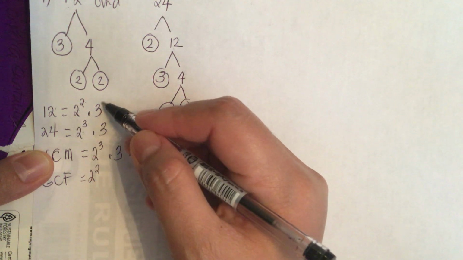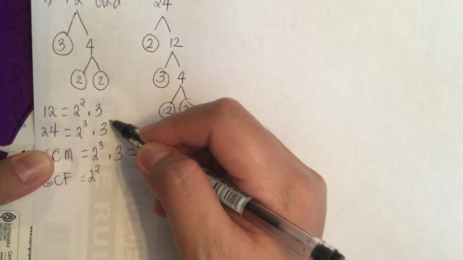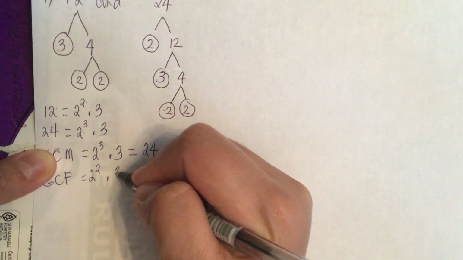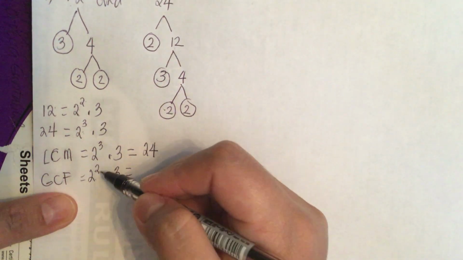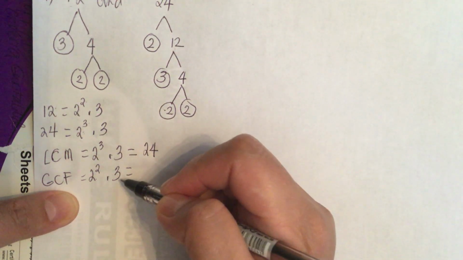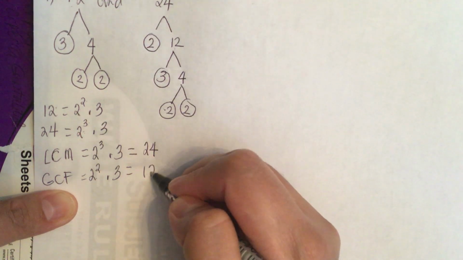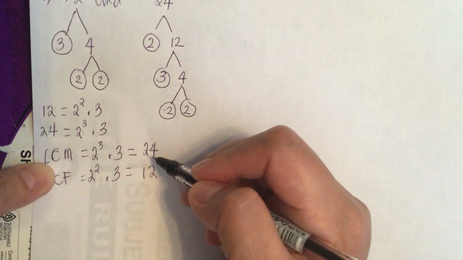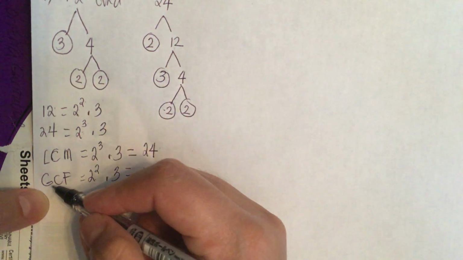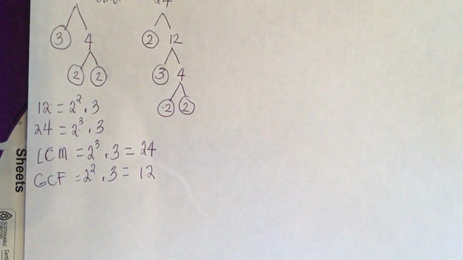And 3 occurs 1 time in each, so we just take that 3. So 2 times 2 is 4, and 4 times 3 is 12. So the LCM is 24, and the GCF is equal to 12.